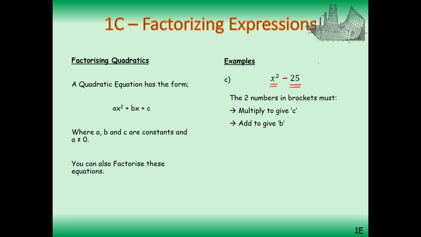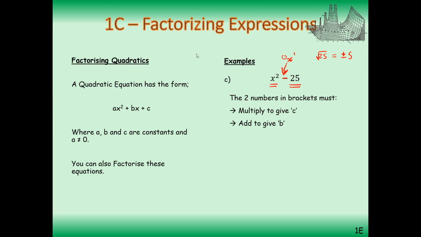So you can think of it, what is the square root of 25? Square root of 25 is plus 5 and minus 5. All right. So the fact that there is no middle term, there is no x to the power of 1, is that there was a plus 5 and a minus 5 that when we added them together, they cancelled away to give us 0x to the power of 1.